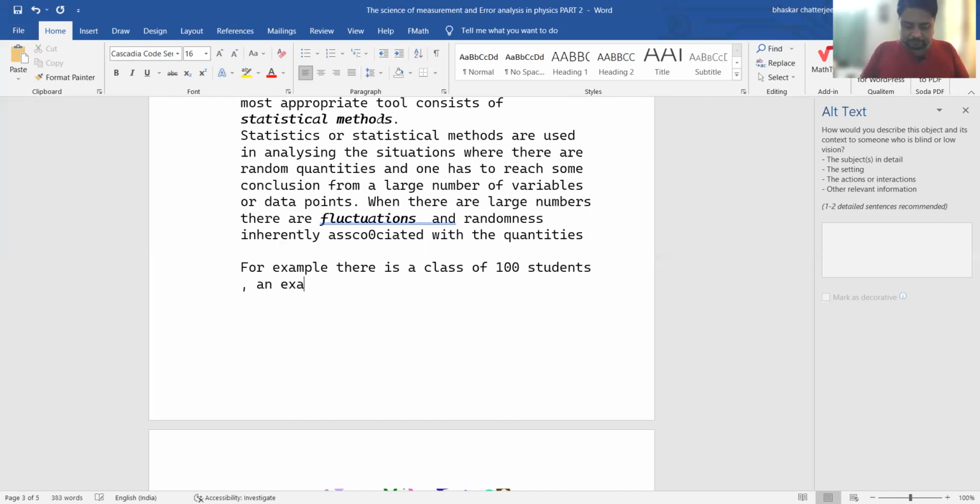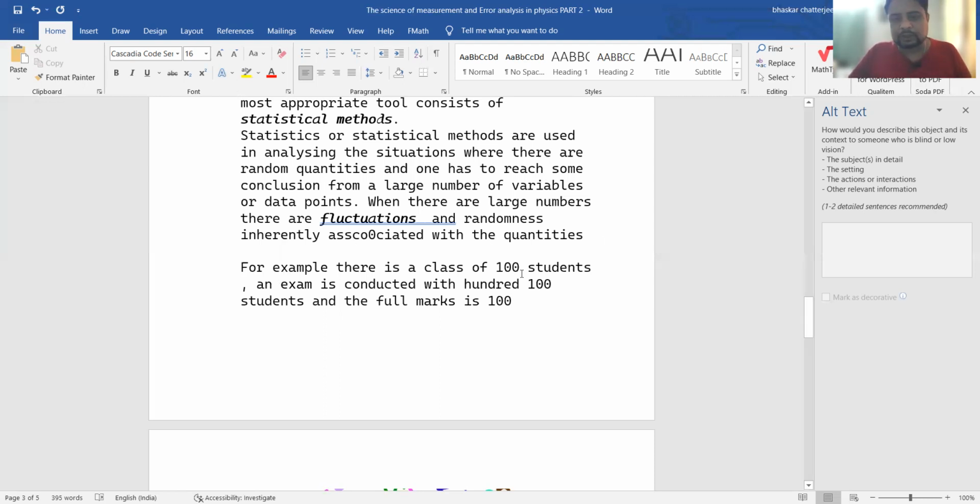An exam is conducted with 100 students, and the full marks is 100.